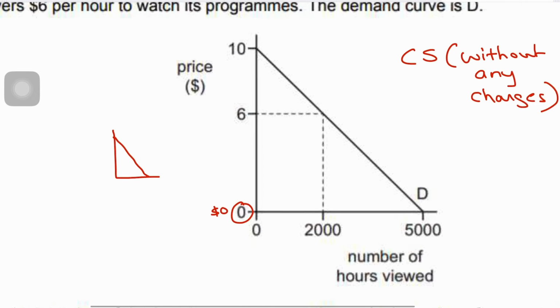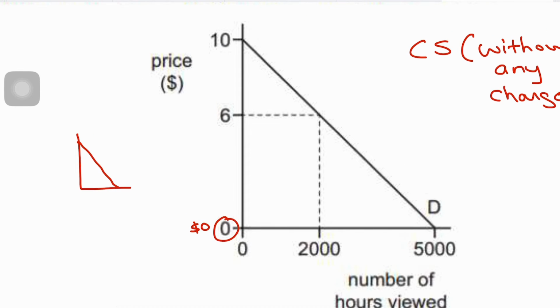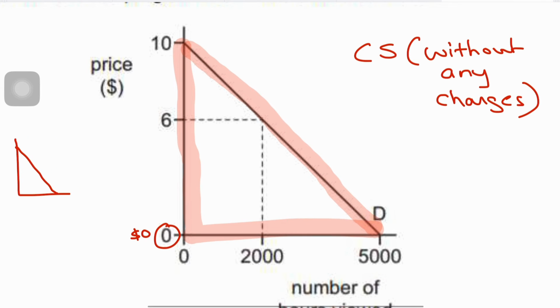So this entire red triangle reflects the total amount I'm willing to spend for viewing these 5,000 hours, although it's free of cost for me, and it reflects my total satisfaction, my total utility, that I gain by consuming 5,000 hours.